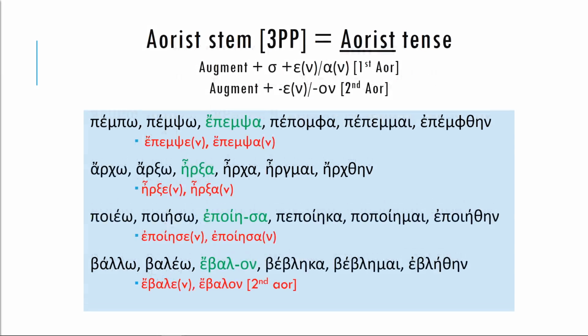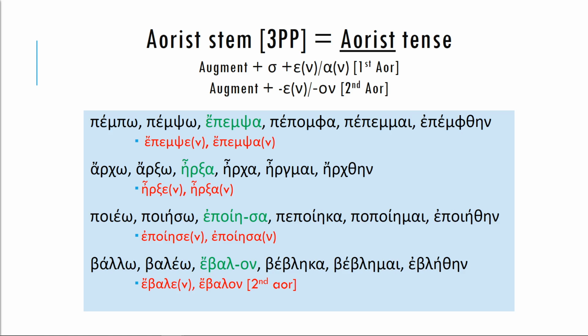So we've already seen aorists, where you take the third principal part, which, if it's a first aorist, has a sigma in the stem. If it's a second aorist, it does not. If it's a first aorist, you put en and on to form the third person singular and plural. If it's a second aorist, you use en and on. No sigma. Both of them get the augment.